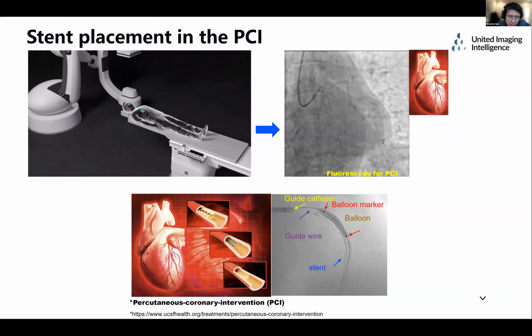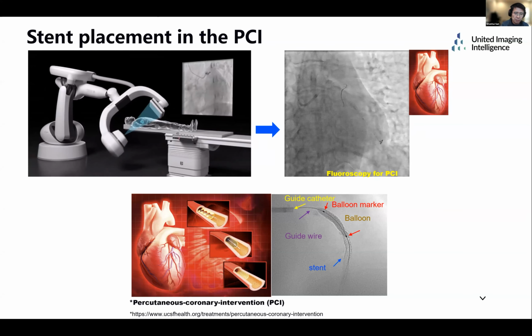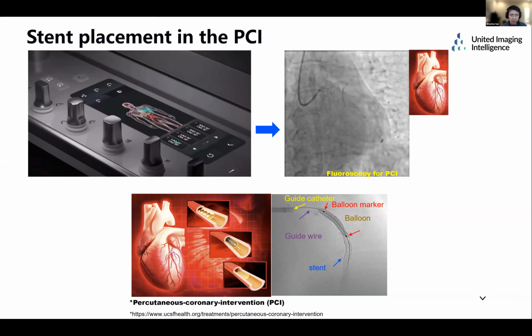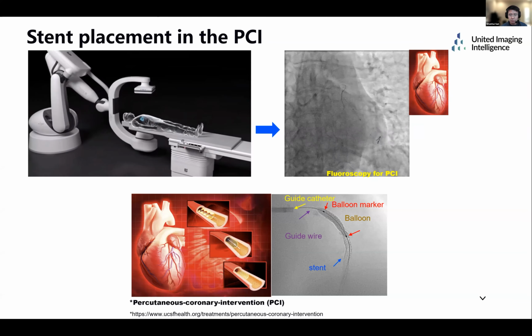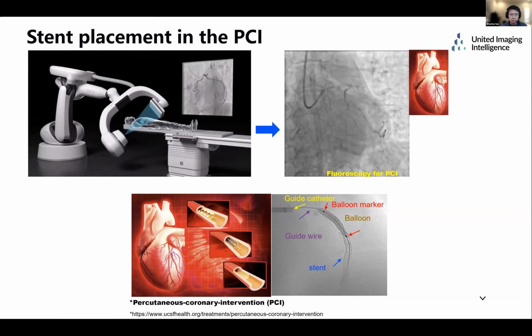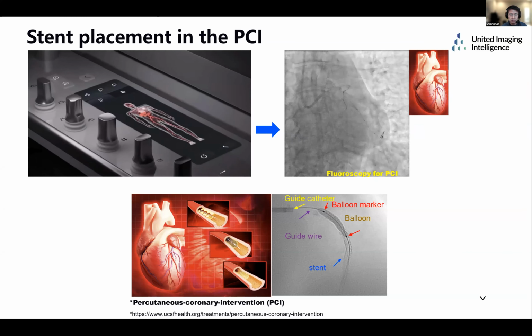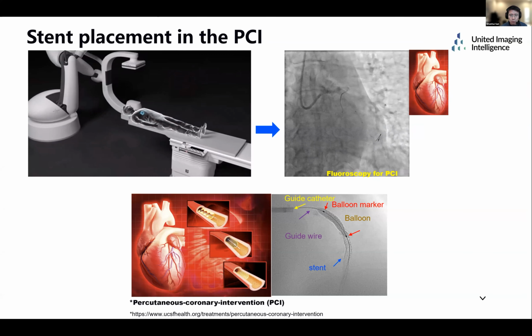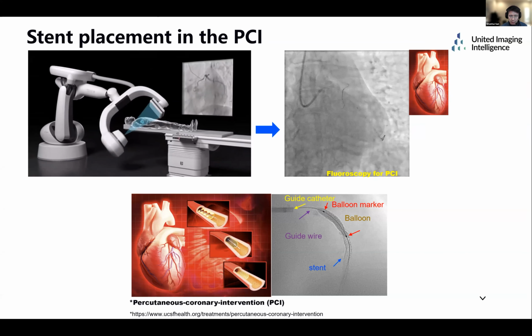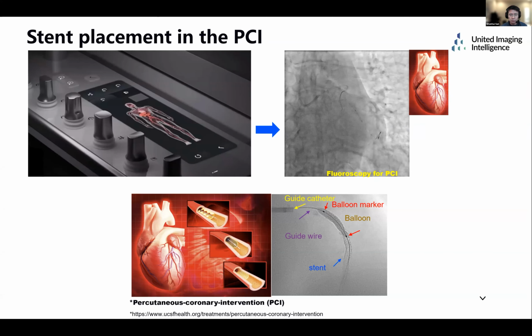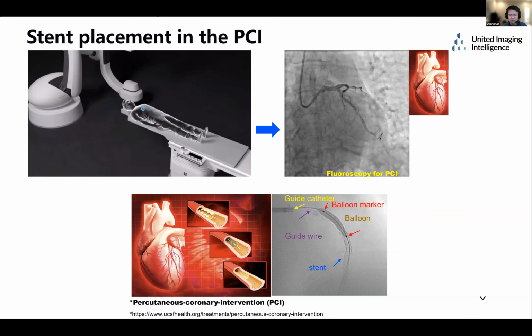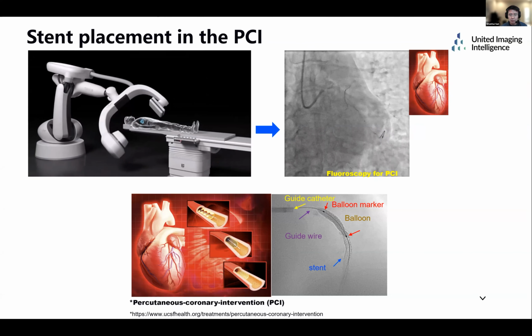Basically, for the PCI surgery, the physician needs to first deploy the catheter into the coronary artery, and also place the wire into a certain coronary branch. They utilize those devices to deploy the stent into the stenosis region. Stenosis is a narrow part of the coronary artery.